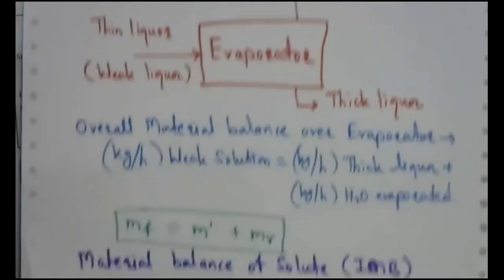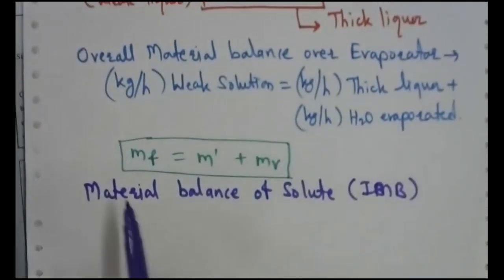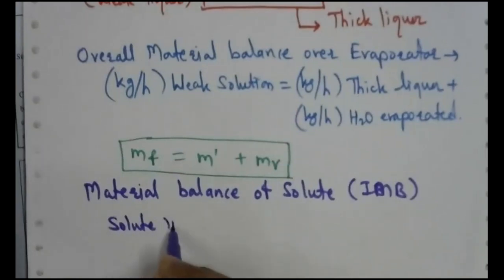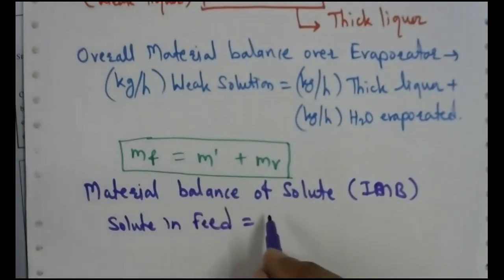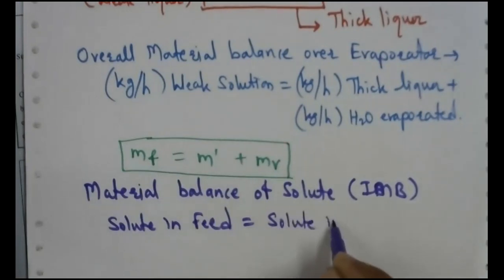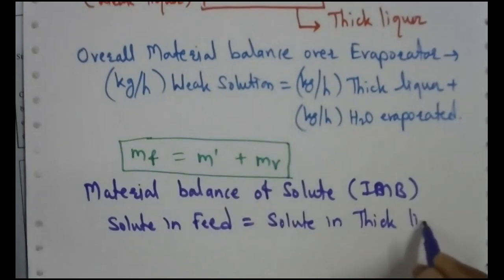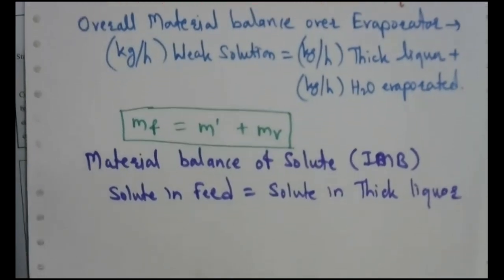So we can write the material balance of solute as solute in feed is equal to solute in thick liquor. That is the simple material balance.